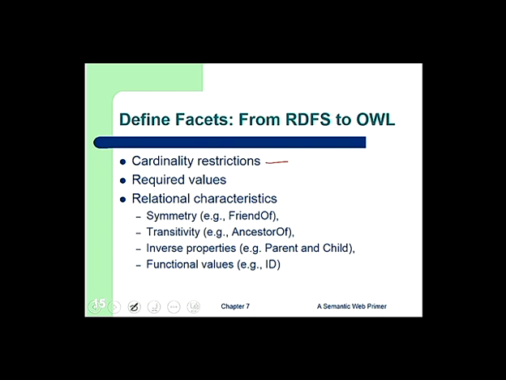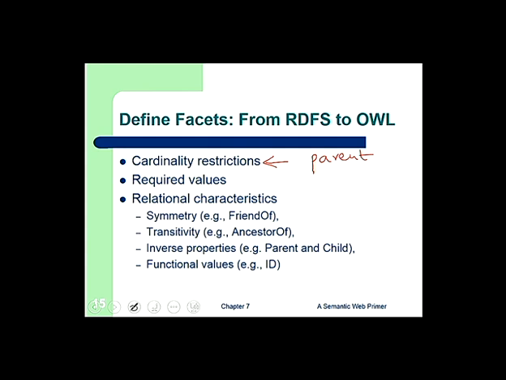First of all, how many values a particular property can have. For example, if I say parent, everybody has parents, so how many values should we have for everybody as parent? Exactly 2 values, no less, no more. Similarly, if we have a property of ID, everybody can have exactly 1 ID, so we are putting a cardinality constraint.